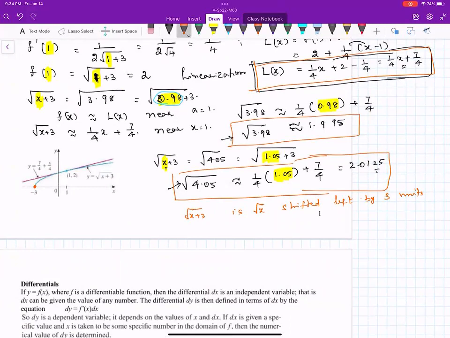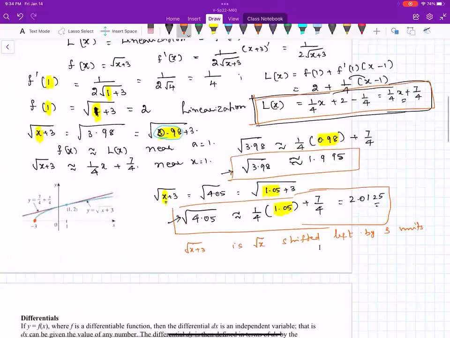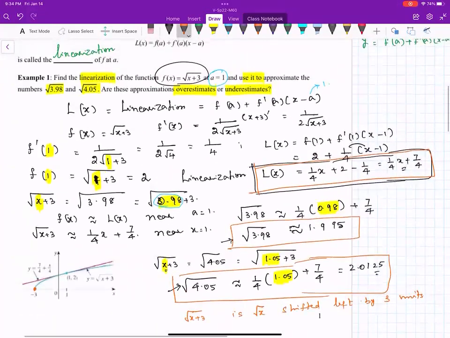So if you draw a tangent line at the point (1, 2), because the point a equal to 1, f of a would be f of 1. f of 1 is square root of 1 plus 3, which is 2. So the y coordinate is 2 here. The tangent line is above the graph.